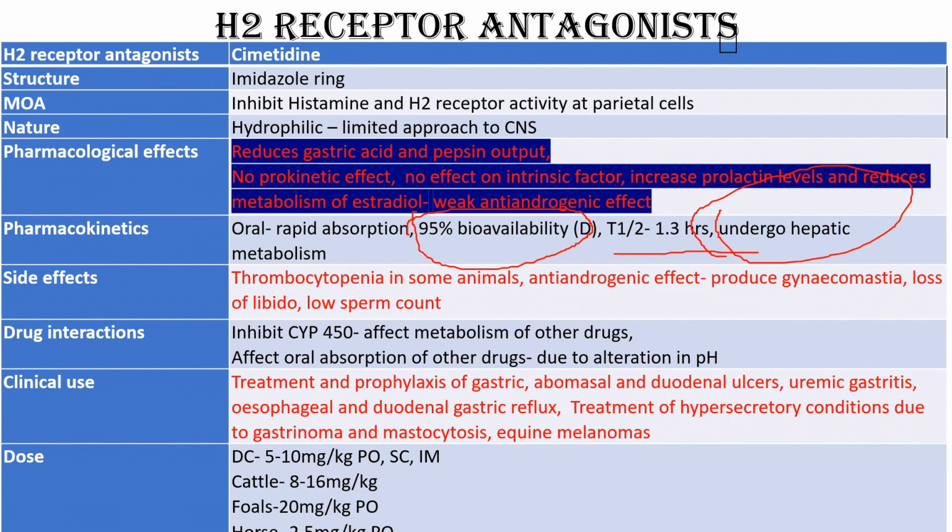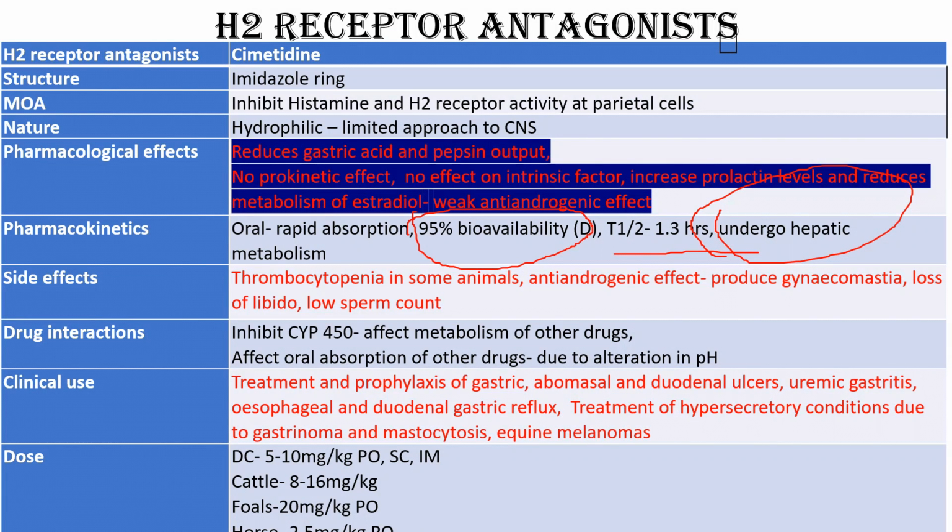Then side effects: it produces thrombocytopenia in some animals. It has an anti-androgenic effect. It produces gynecomastia, as already told. It also produces loss of libido, low sperm count, and sometimes impotency.